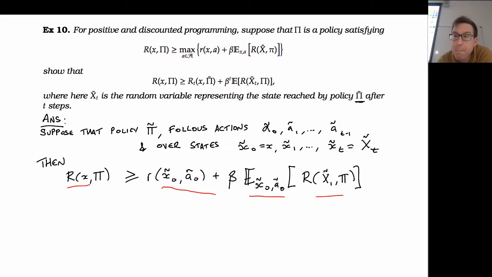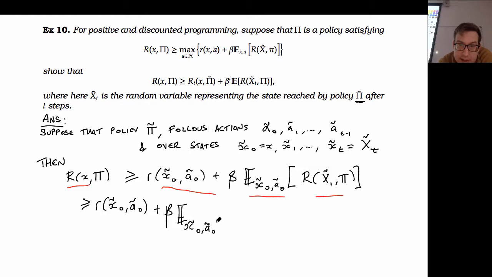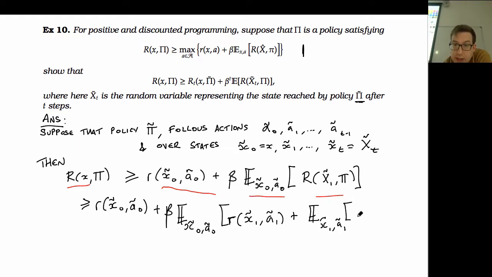So then, this is less than R of x tilde 0 of a tilde 0 plus beta E of x tilde 0 a tilde 0, and then I use the same inequality again to get R of x tilde 1 and then a tilde 1 plus the expected value given us at state x tilde 1 and I took action a tilde 1, and then I arrive at the next state, x tilde 2, and I'm following policy pi thereafter.